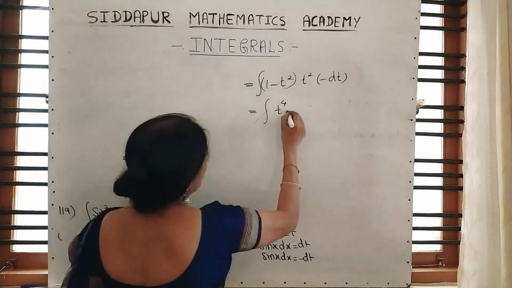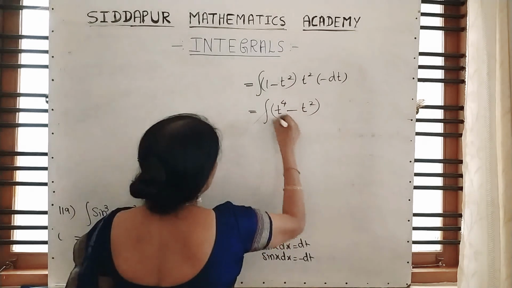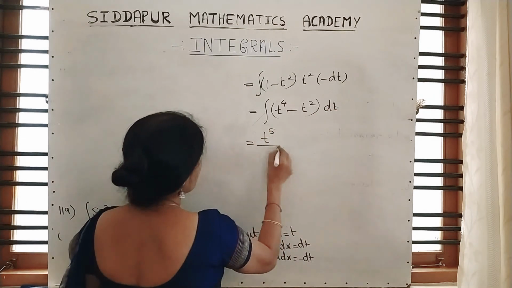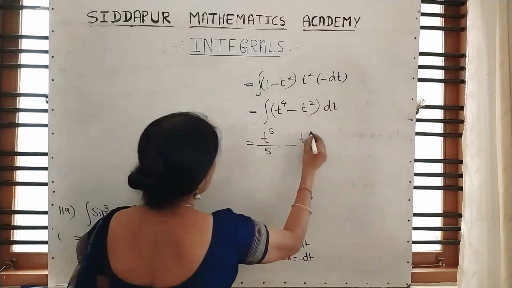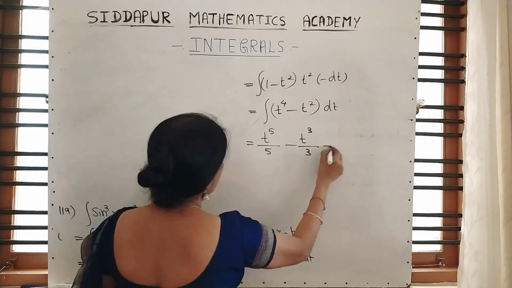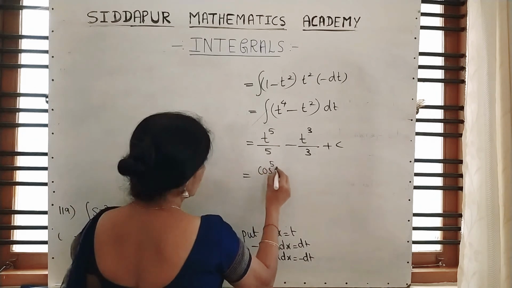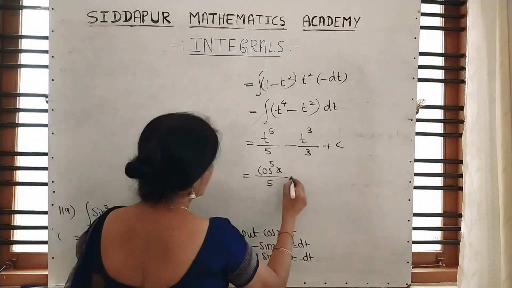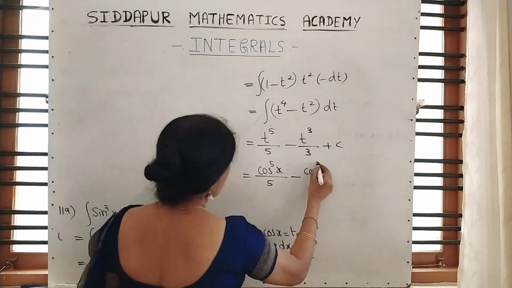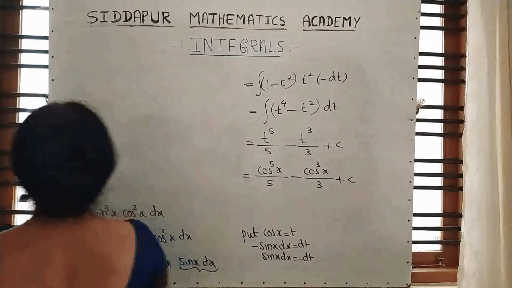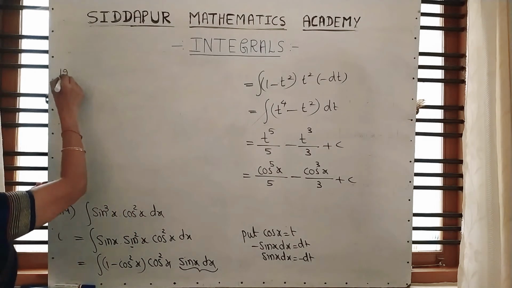And it is 1 into t square minus t square dt, integrate. T raised to 5 upon 5 minus t cube upon 3 plus c. Write down the t value. Cos raised to 5 x upon 5 minus cos cube x upon 3 plus c. Question number 120.